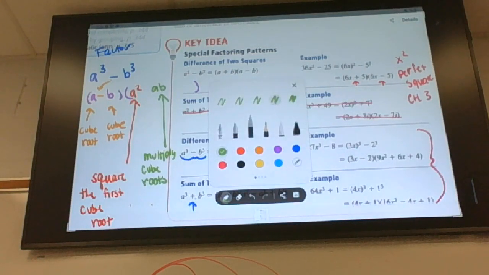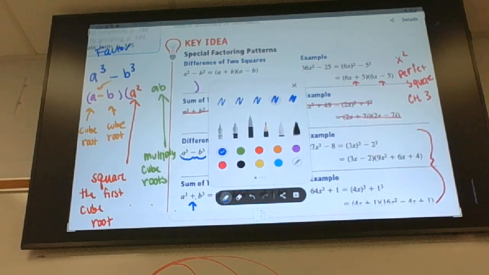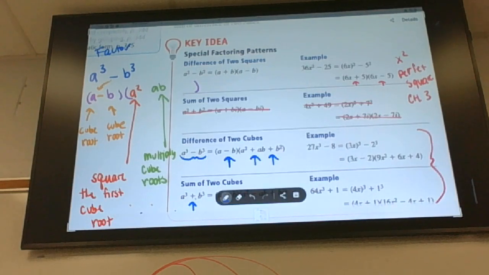And in the end, I square the second cube root. So that would be b squared. And you have to memorize the signs.